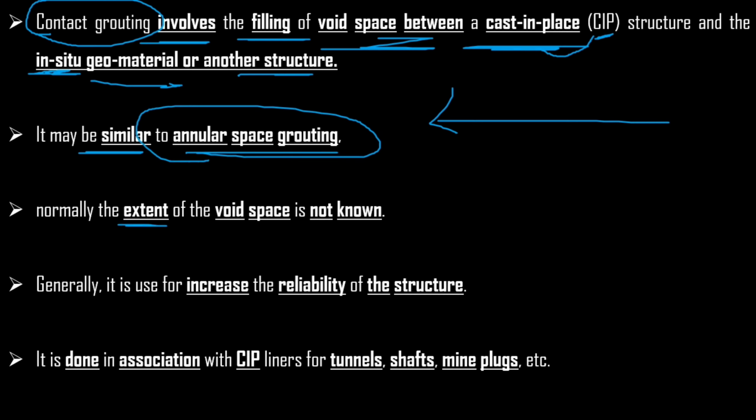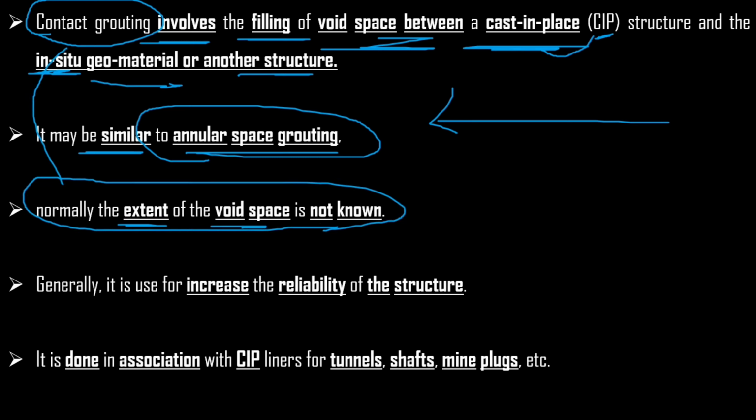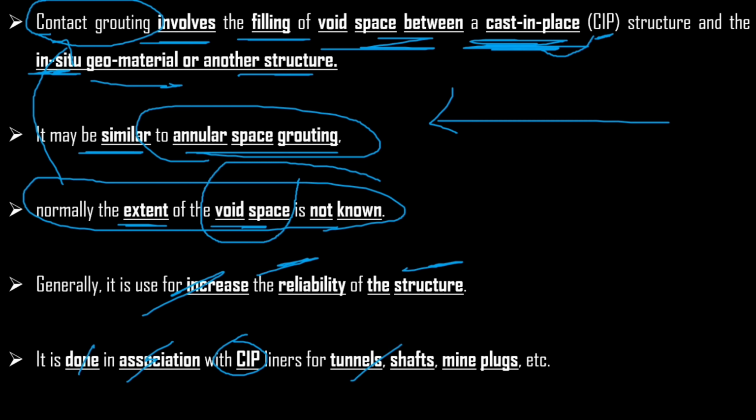Normally, the extent of the void space is not known. When we have no idea about the void space between different soil conditions, at that time we choose contact grouting. Generally, it is used to increase the reliability of the structure. It is done in association with CIP, the cast in place process, which is used for tunnel work, shaft work, mine work, and so on.